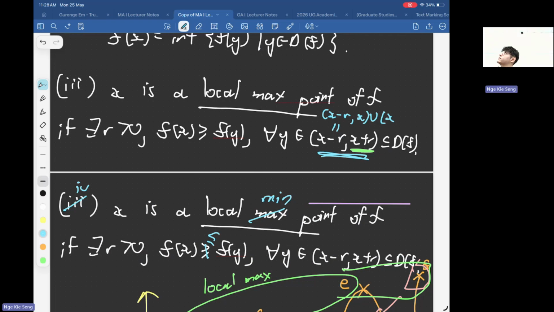Let me think. Depends on what endpoint you get. Either you are closed or you are open. Let's consider the open case. Then if this doesn't exist, this part should be empty. So I think it should still satisfy this condition here.